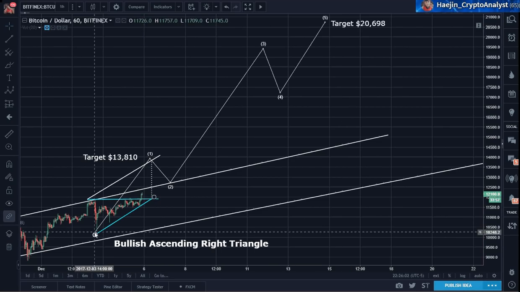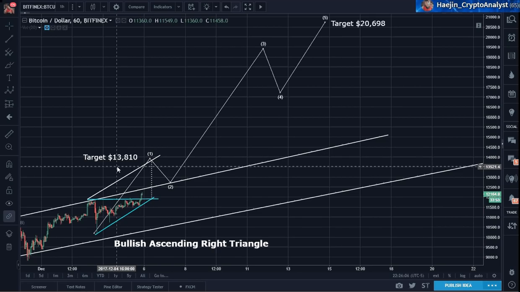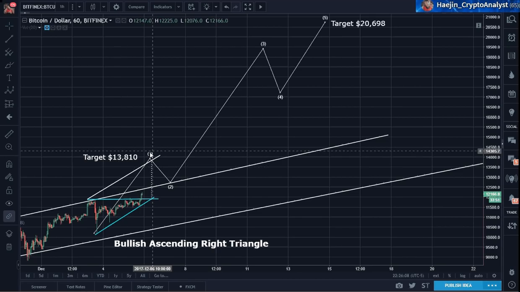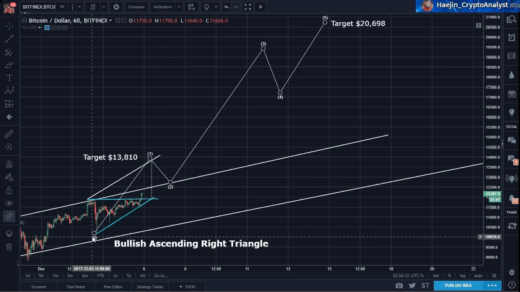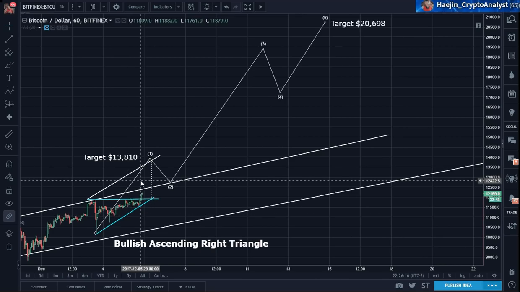So again, my 1 is here, and that 1 is 13,810. My 2 will come down to 1, 2, 3, 4, 5, so it comes down to a little less than the 4. But more likely it'll hit the top trend line.